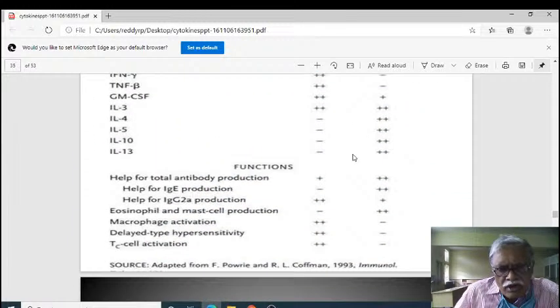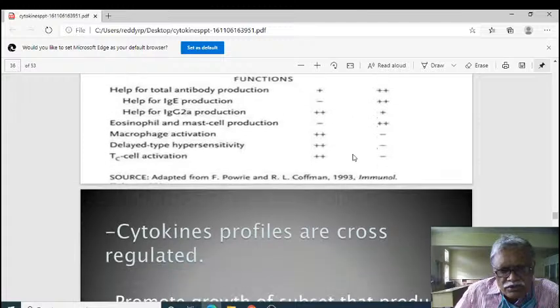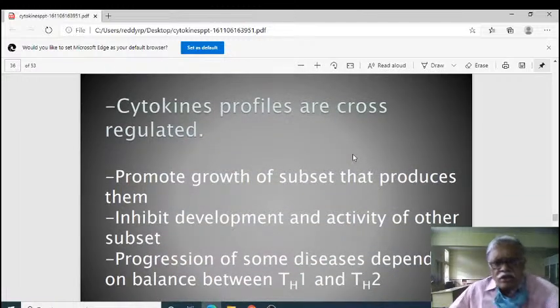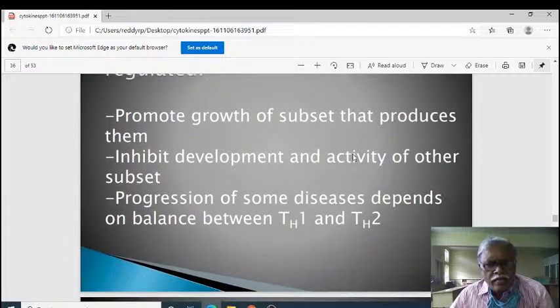The cytokine profiles of different types are cross-regulated. They promote growth of the subset that produces them and inhibit development and activity of the other subset.